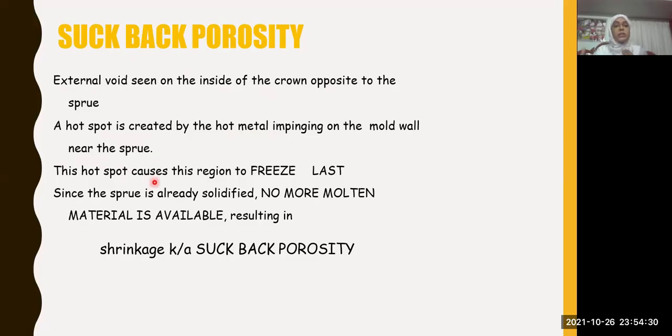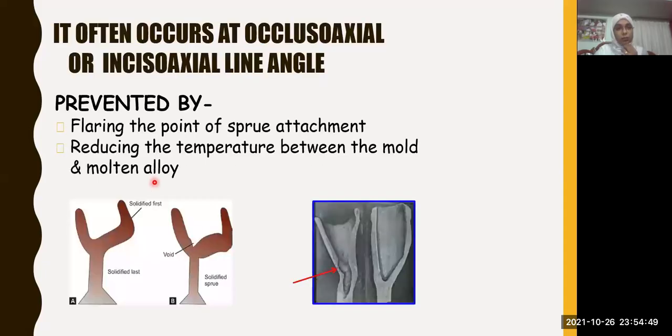Since the sprue is already solidified, if the sprue gets solidified earlier when compared to the hot spot, you won't have any further molten material available to fill up this hot spot. So shrinkage occurs in that region, which you call suckback porosity. Especially in the occluso-axial or the inciso-axial line angles, you get this type of porosity.